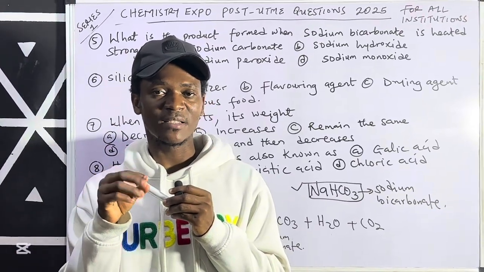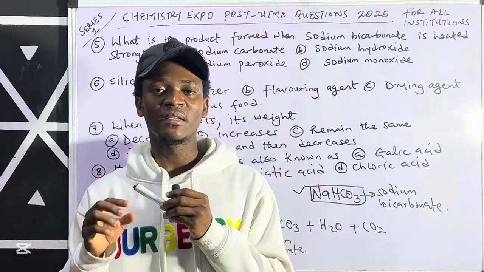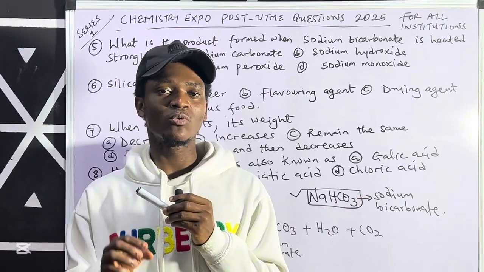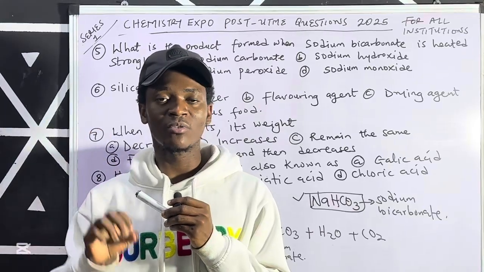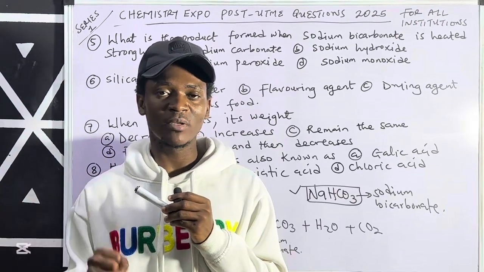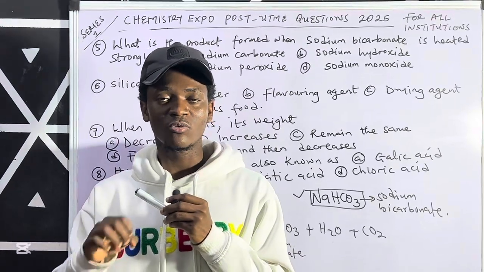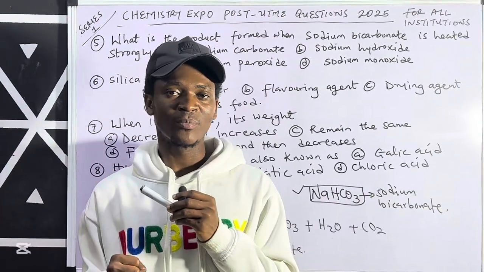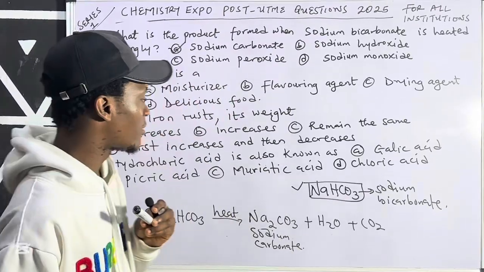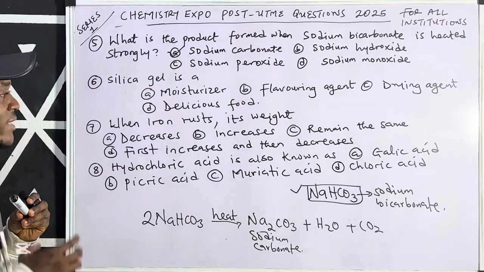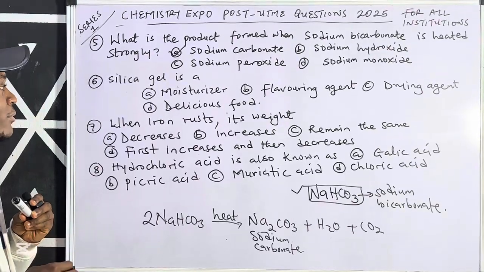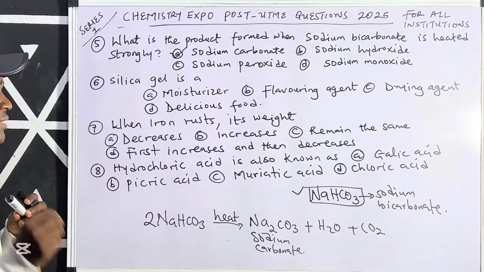That ball-like substance, small roundish substances, they are actually silica gel, and their work is to absorb moisture, to remove water. So any agent that is able to absorb water, to drag away water from a substance, or to prevent water from entering a substance, that substance is known as what? A drying agent.